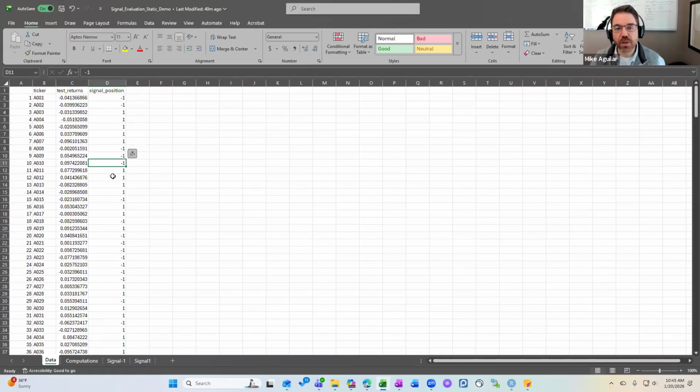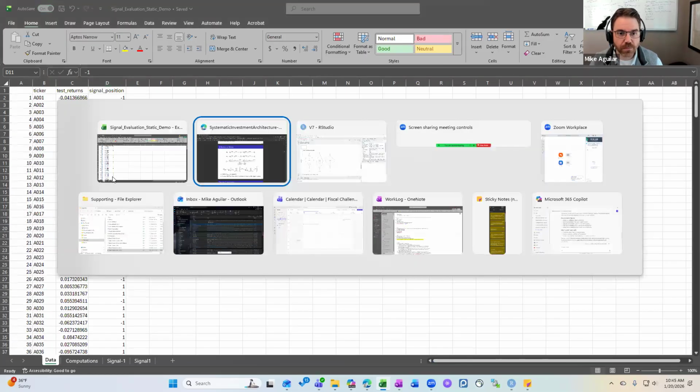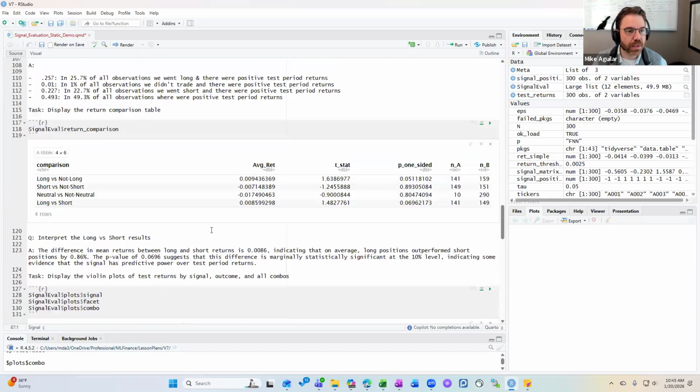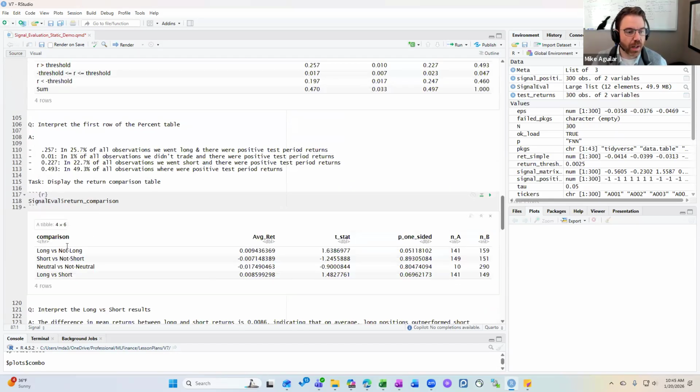And what I wanted to do was recreate the counts and tests and p-values that we saw from the output. And we got the average returns of long versus short, their t-stat, p-value. Okay, so that's the bottom line. We could do all the others, but in Excel, I want to focus on that bottom line for now.